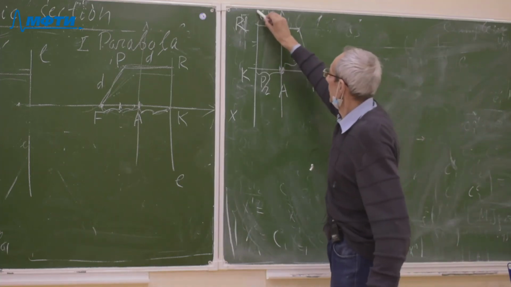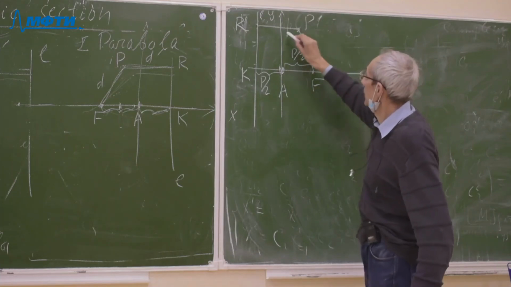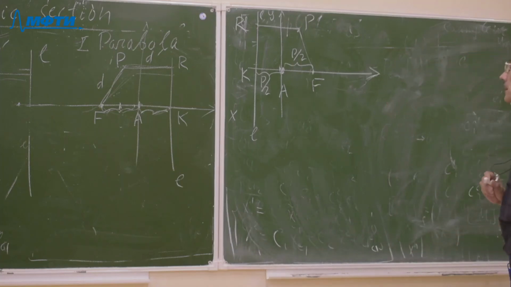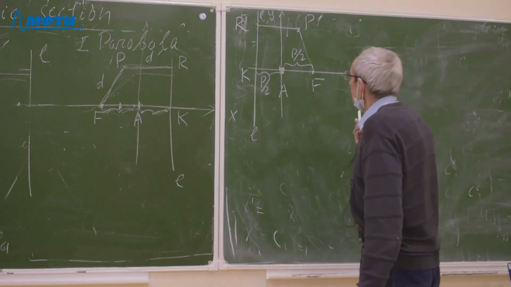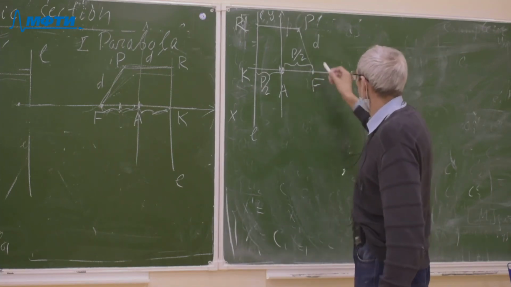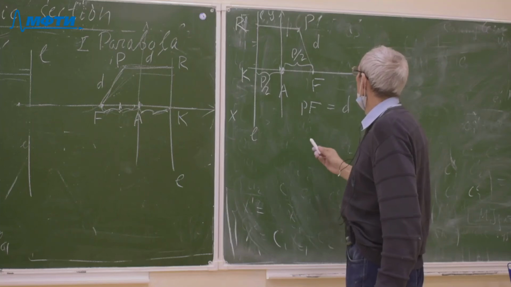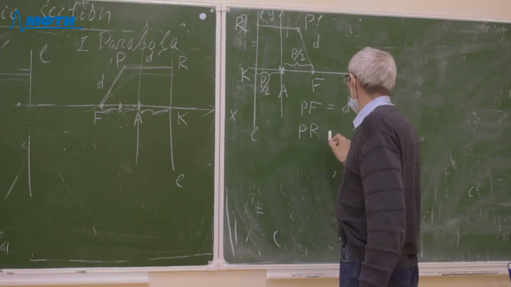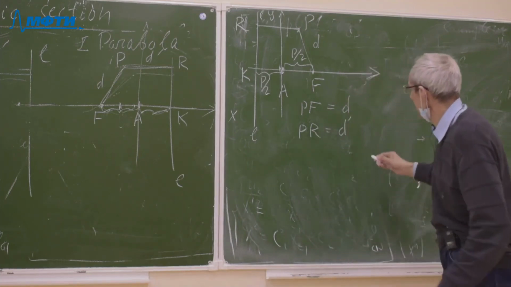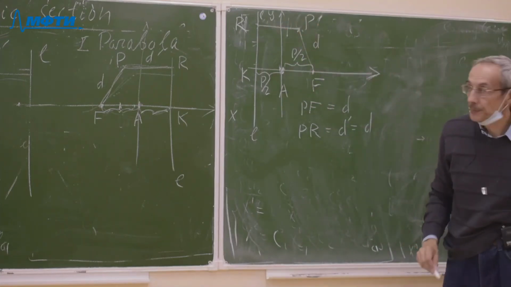Let R be the base of the perpendicular which passes from P to our fixed straight line. Let D be the distance PF, and PR is equal to D prime, which by definition is equal to D; the two distances are equal.